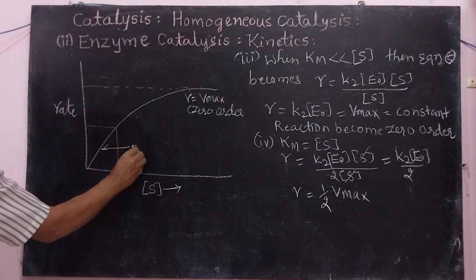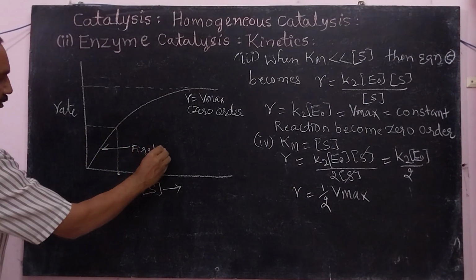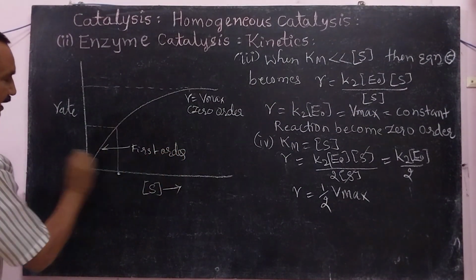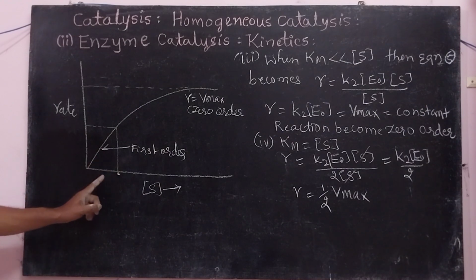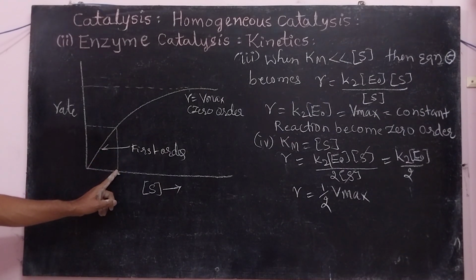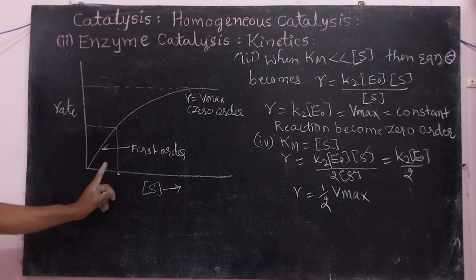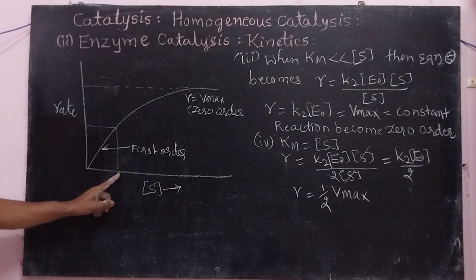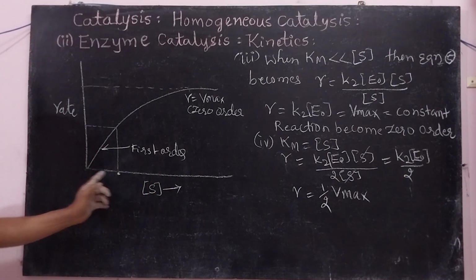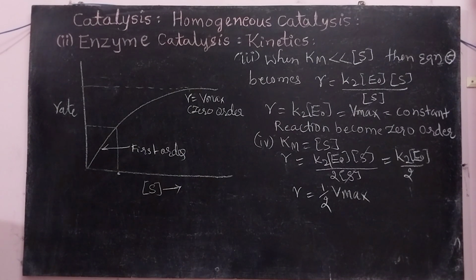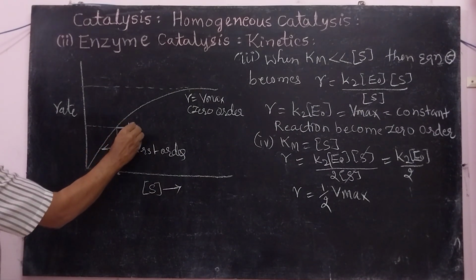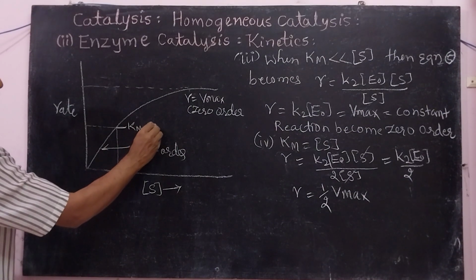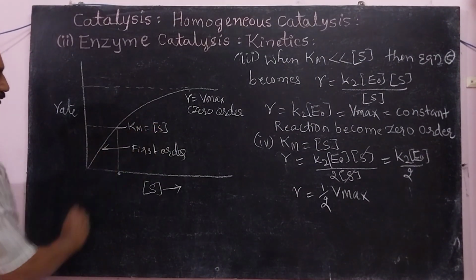What does it mean? If Km is larger, suppose this is S, Km is larger, which means Km lies on this side and S becomes less than this, so it is first order. Now suppose in this case, at this point, Km is equal to the concentration of S.